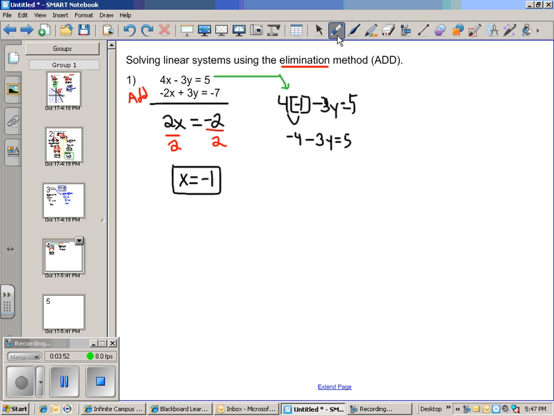So now we're looking at a two-step algebra problem. Once I get to a two-step, I usually tee it up, and we have to move the negative 4 over to the other side. So since this is a negative 4, we're going to add 4 to both sides.